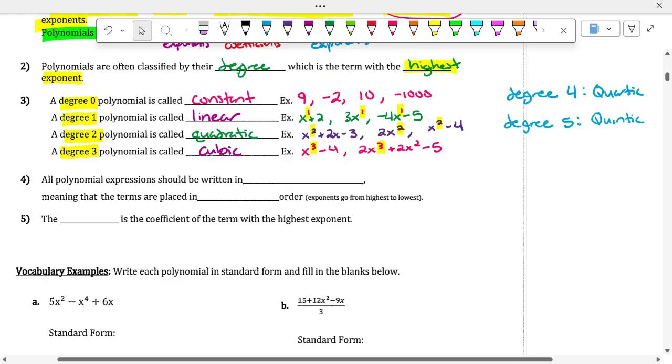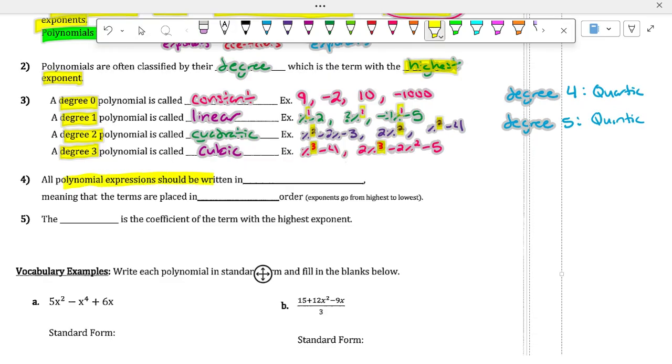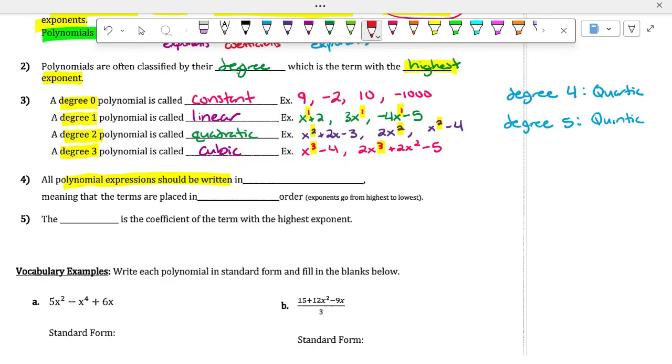Now, all polynomial expressions should always be written in what we call standard form. Standard form means that the terms are placed in degree order.